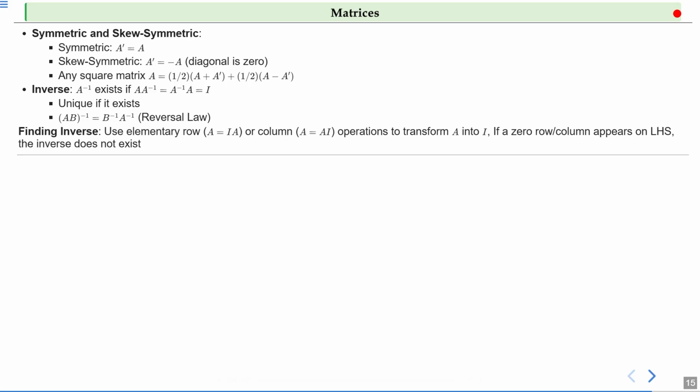Now, for finding inverse, use elementary row operations, A is equal to IA, or column operations, A is equal to AI, to transform A into I. If a zero row or column appears on the LHS, then the inverse does not exist.